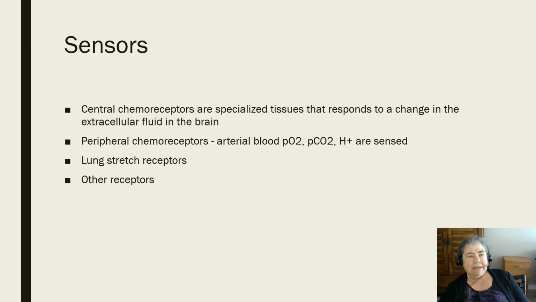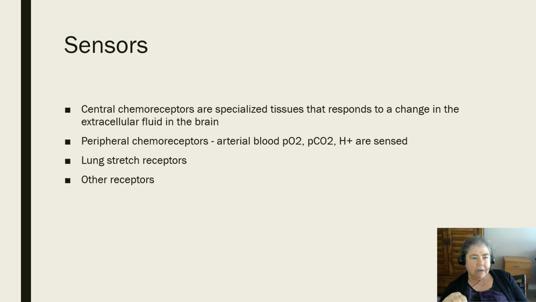I'm going to come back to the sensors. So we have central chemoreceptors that are in the brainstem, and they respond to a specific change in the extracellular fluid in the brain. And that is a change in hydrogen ion concentration as a result of higher CO2.